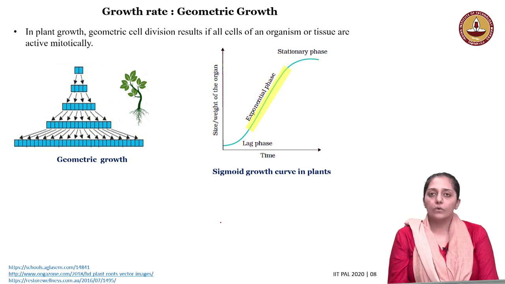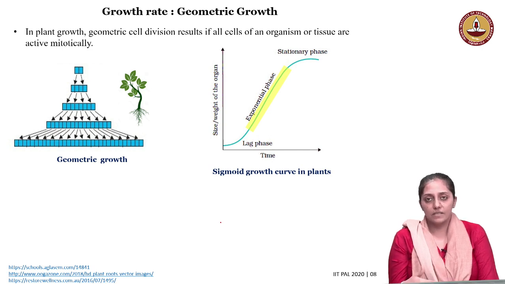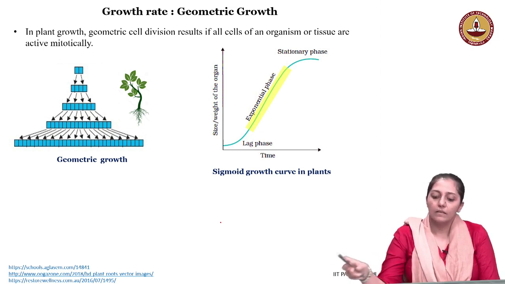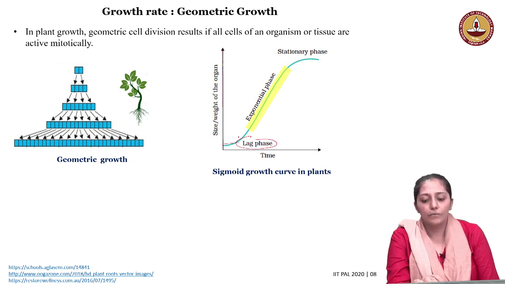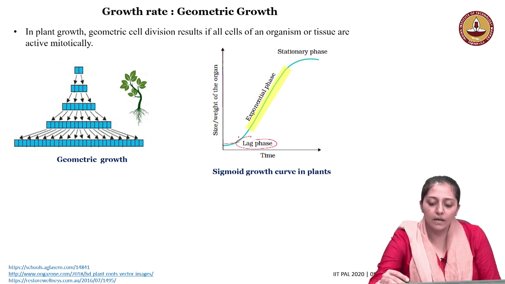Now, in the geometrical growth pattern, one can see different phases of growth. If you make a plot in terms of size or weight of the organ versus time, one can see 3 distinct phases of growth. The first is the lag phase, where there is no significant change in the size or weight of the organ or the plant.